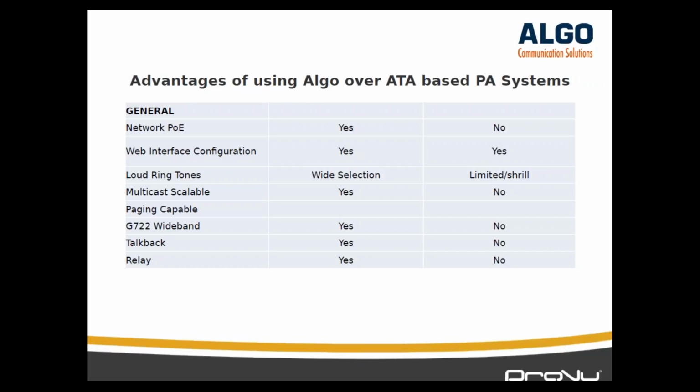As we've put in this small slide, is the ATA communicatively available over the network, PoE? The answer is no. You can talk to it as though you were talking to the network, but you can't dial into it really and say quick page, where you can with an IP system. So we say yes, we are network PoE, the ATA is not.